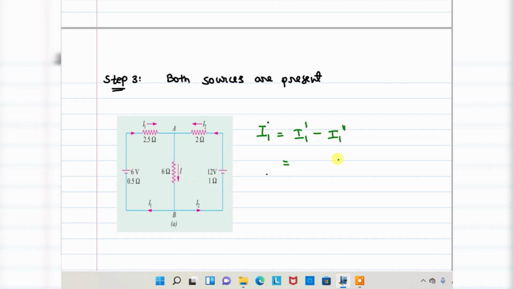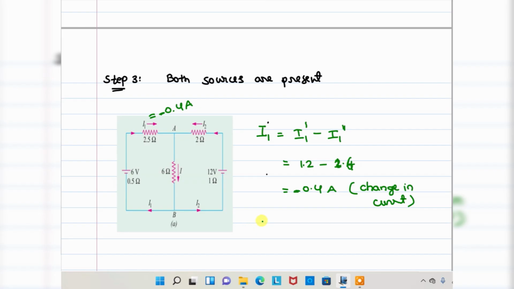The current I1 prime is 1.2, I1 double prime is 1.6, I am sorry, 1.6. That is equivalent to minus 0.4 amperes. That means the current direction is opposite to our assumed direction. Change in current direction. Okay, minus 0.4 amperes.